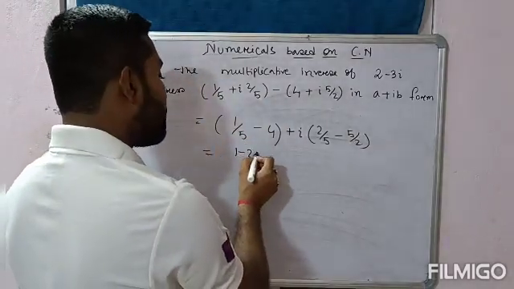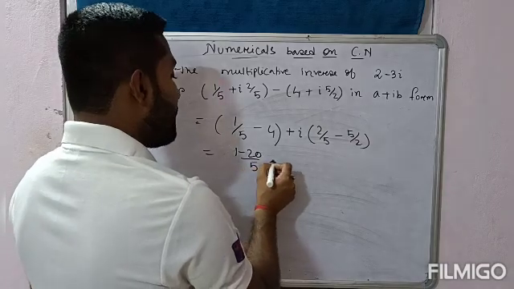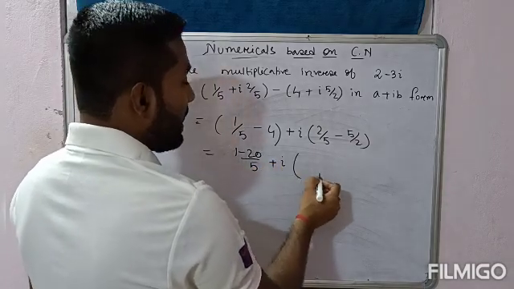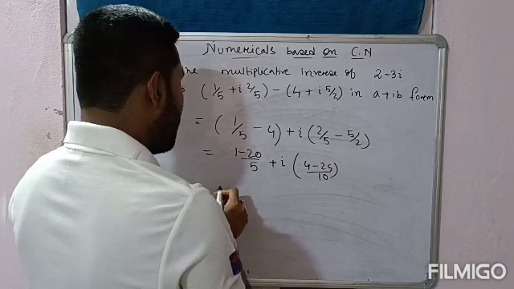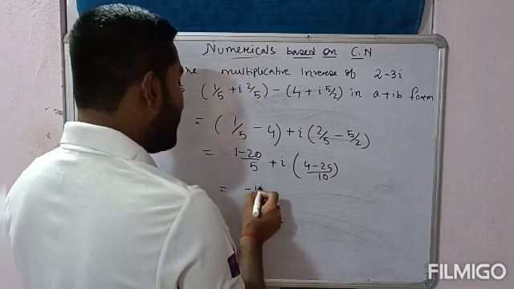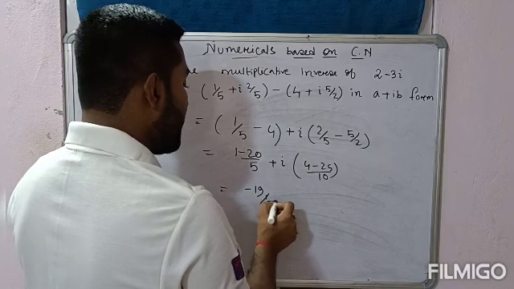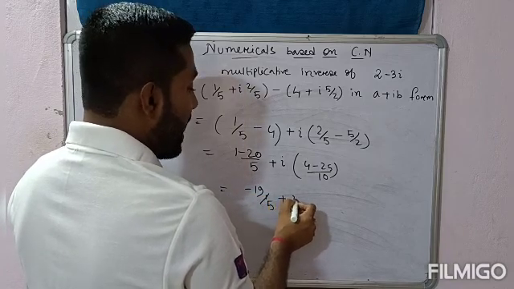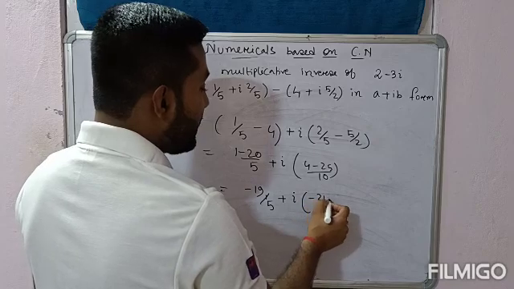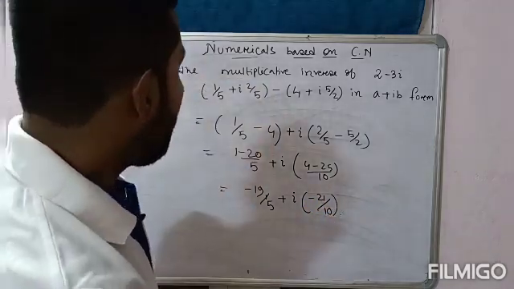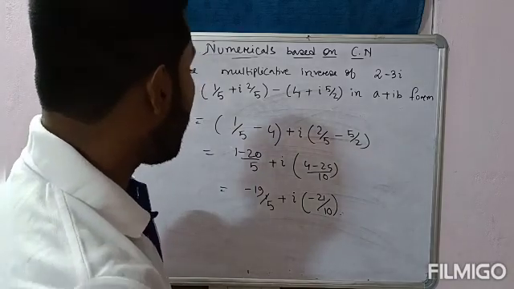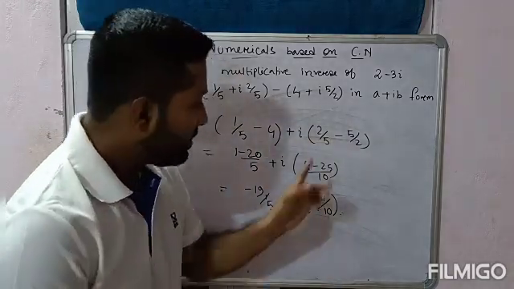So 1 minus 20 by 5 plus i into, here it is 10, 4 minus 25. So this is equal to minus 19 by 5 plus i into minus 21 by 10.